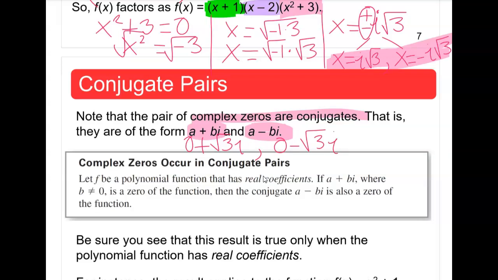Like I said, they occur in pairs, and they are conjugate pairs. So if you get a zero and they ask you to find the rest, you could always assume right away that you will have the complex conjugate as well as the zero of the function.